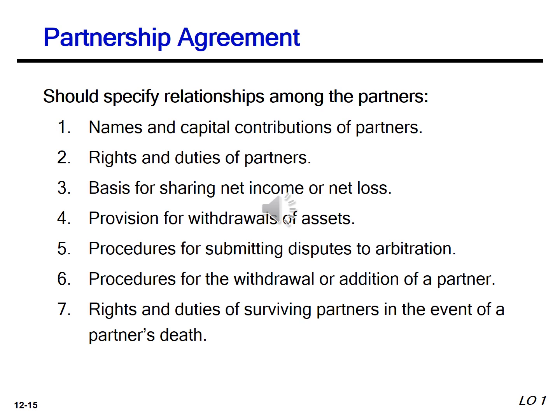Now, in order to form a new partnership, we need what's called a partnership agreement. And what are the items that need to be specified in a partnership agreement? These include the names and capital contributions of the partners, the rights and duties of partners, the basis for sharing net income or net loss, the split of profits, whether it was 50-50 or 80-20 or anything like that. It also needs to specify the provision for withdrawals of assets.